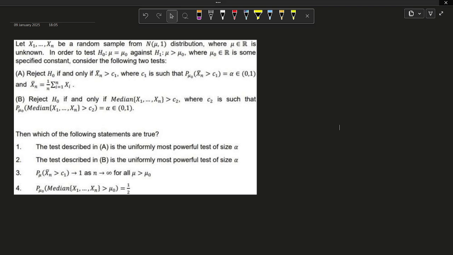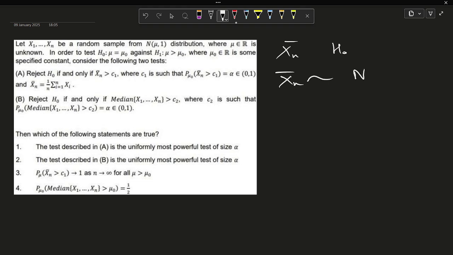The sample mean, that means my Xn bar, is a sufficient statistic for mu under the normal distribution, due to the Neyman-Fisher factorization theorem. Moreover, under H0, our Xn bar follows a normal distribution with mean mu0 and variance 1 by n.